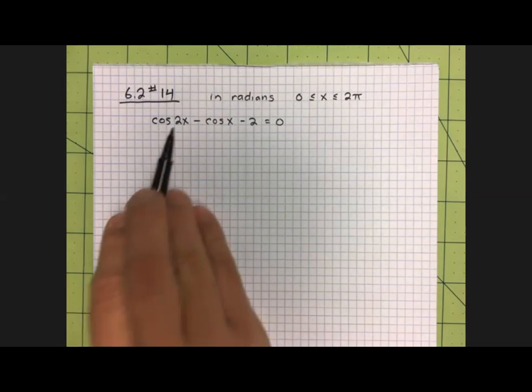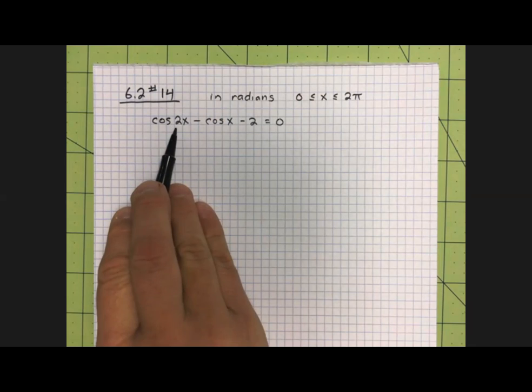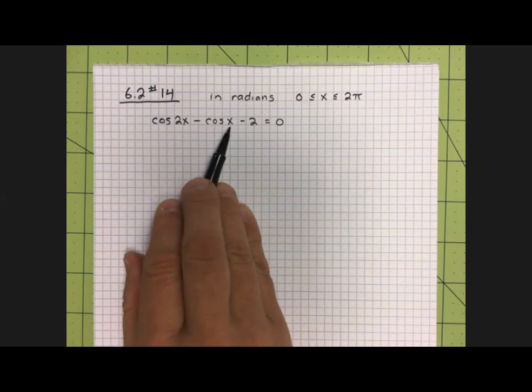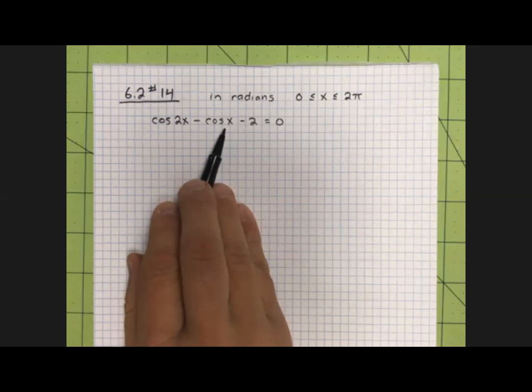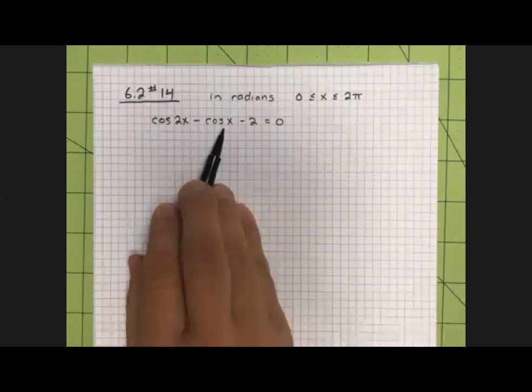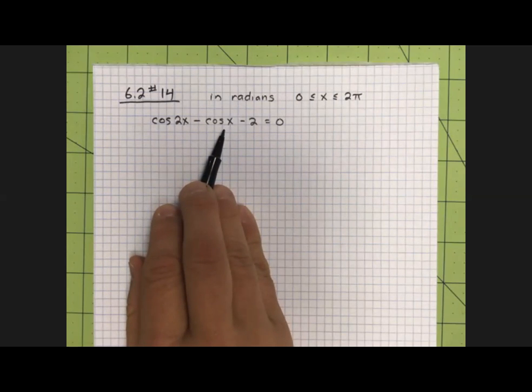Okay, the first thing I have to do in this problem is resolve the fact that I've got two different angles. Here's a 2x, here's an x. You know, which angle do you want me to find, so to speak? So I have to organize the problem so it's only talking about one angle. This is where I have identities to help me.